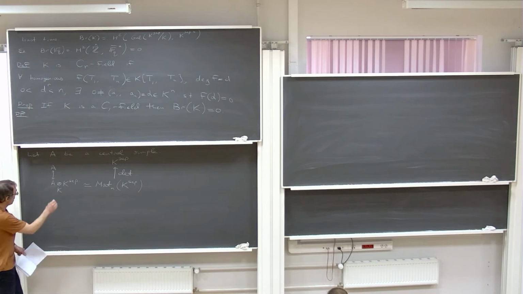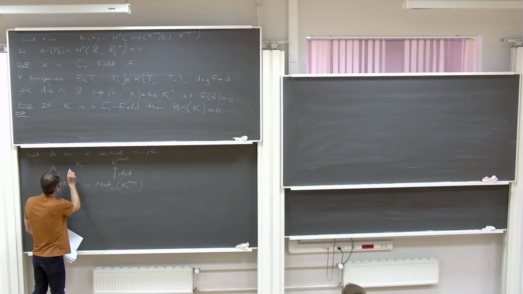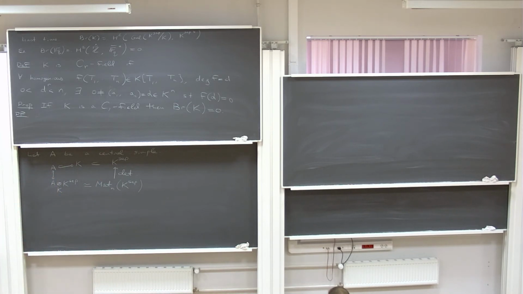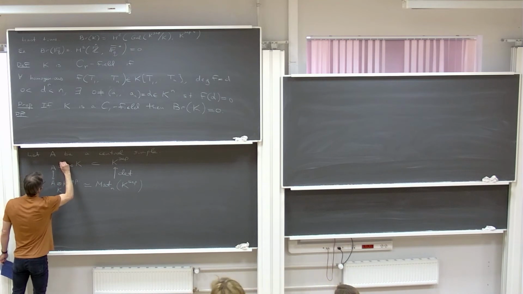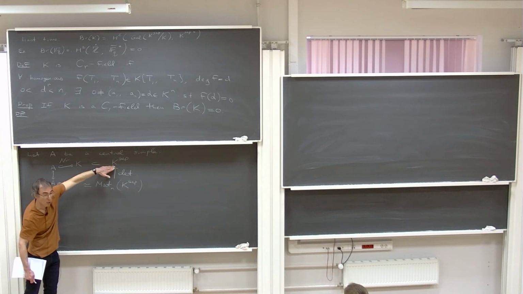So we have the composition that gives us a map from A to K sep, and I claim that it factors through K. And this is called the reduced norm map. So why does it factor?